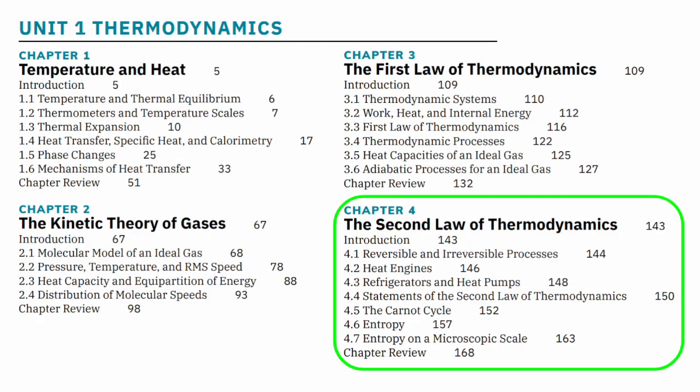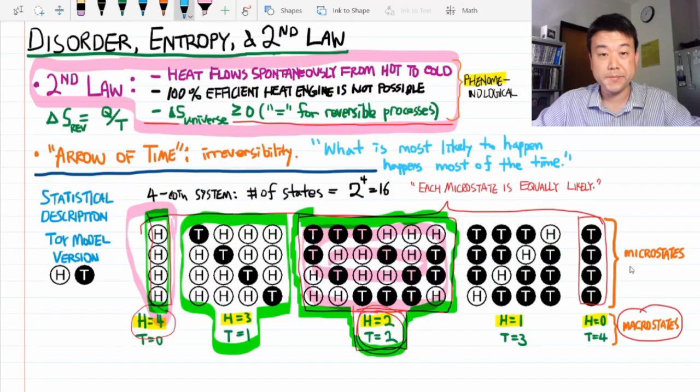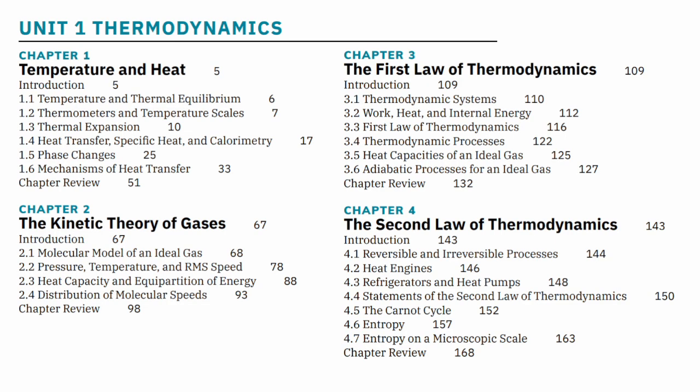Finally, we wrapped up our coverage of thermodynamics with chapter 4, where we introduced the new state variable entropy and gave several different statements of the second law of thermodynamics. So, in very broad strokes, that was our coverage of thermodynamics.